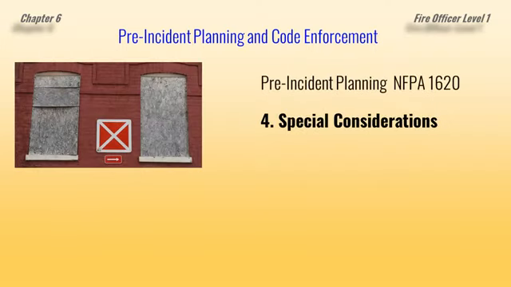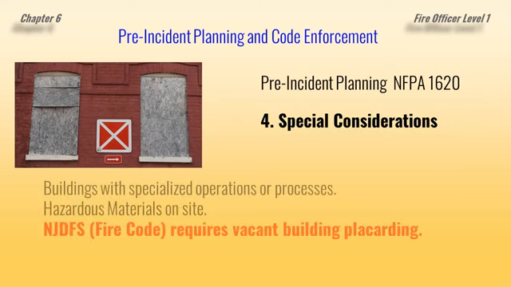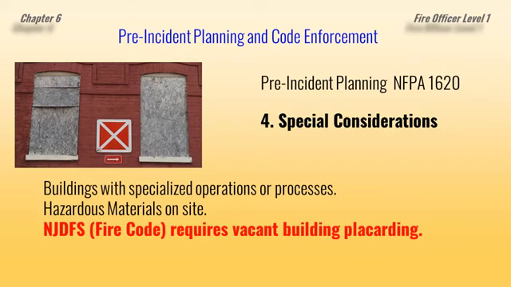We want to look at special considerations. Special considerations would include buildings that are vacant, buildings that are in disrepair. Maybe there's some type of special operation going on or process.